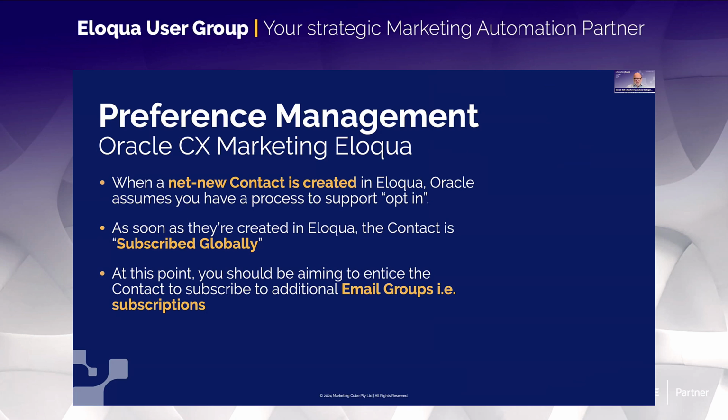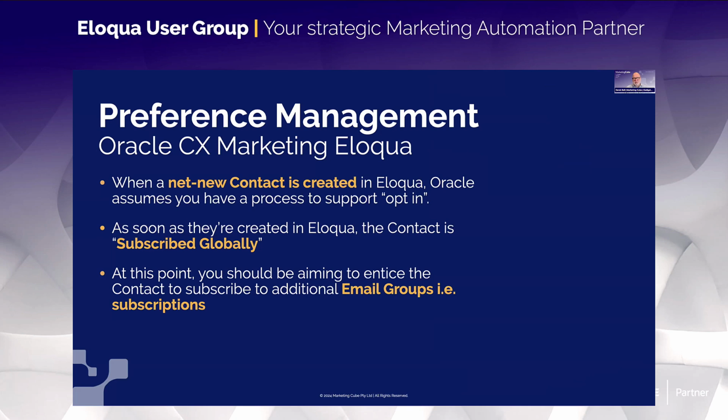Now, as soon as they're created in Eloqua, the default is they are subscribed globally. There's no ifs, buts, or maybes in that one. As soon as they come into the platform, and the point here is regardless of where they come from, Eloqua is just one channel, just one way they can get into the CRM, for instance.